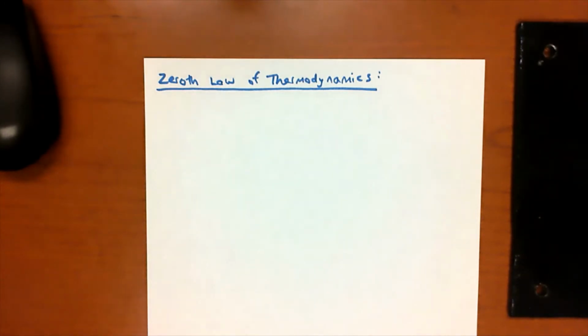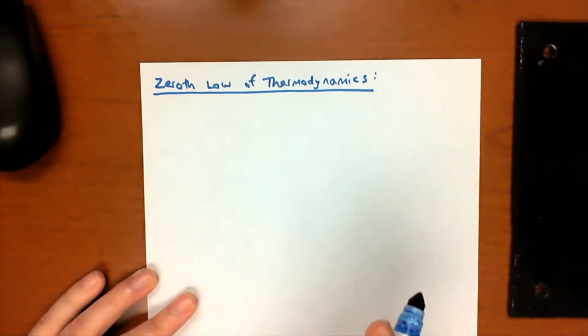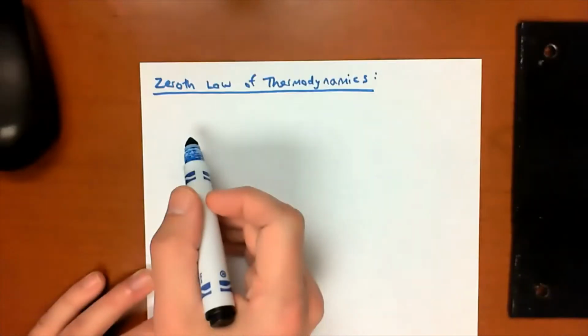So you'll hear his name come up again in the second half of the semester when we study electromagnetism, because he's really a giant in that field. But it's kind of interesting that he also worked in thermodynamics, and so he also gets the majority of the credit for coming up with this Zeroth law of thermodynamics, which is kind of the most fundamental one, which is why it was put in the numbering system before the first law of thermodynamics.